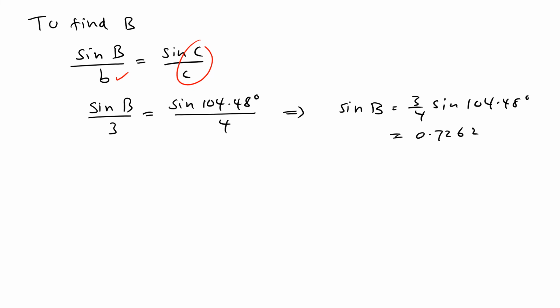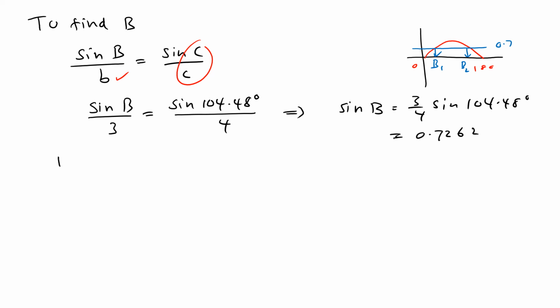0.7262. Now we take the inverse, and if you look at the graph of sine, it goes like that. Between 0 and 180 there are two values which give you that 0.7 number. So there are two angles, one here, one there. I'm going to call them B1 and B2.